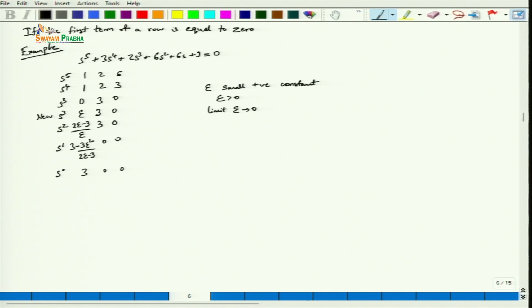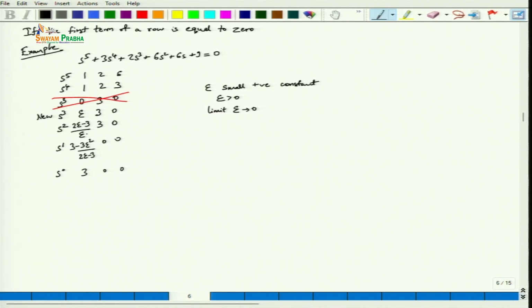So now we will look for stability, we look at the first column. So to understand this, let us first discard this particular portion here. We have assumed epsilon to be a very small positive number.